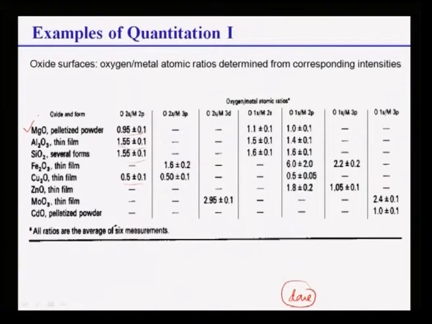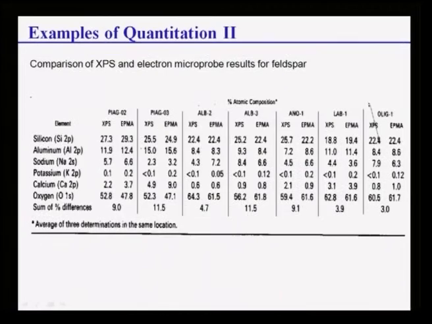Similarly, oxygen 1s divided by metal 2p is 1 plus minus 0.1, and we can keep on doing this for aluminum oxide, Al2O3 thin film, silicon dioxide, Fe2O3, Cu2O, zinc oxide, molybdenum trioxide and cadmium oxide. These ratios are averages of 6 measurements, and they are very reliable. So, one can obtain from the ratios the exact oxygen to metal ratio for the particular oxide.